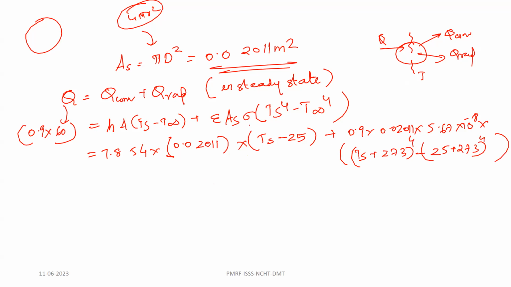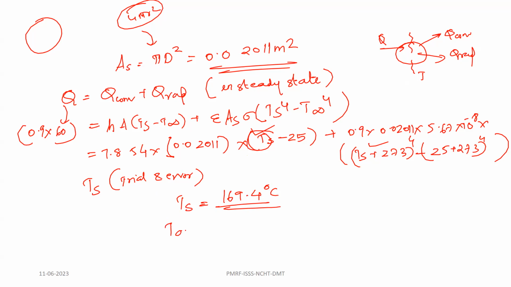So the unknown value is T_s. It is a non-linear equation in T_s, so we can get T_s by a trial and error approach. Just substitute some random values and see how close we get to the right side value. From that we are getting 169.4 degrees Celsius.